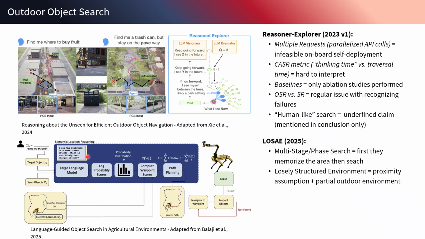And they used a loosely structured environment because they were looking for objects, for instance, placed on tables. And it's loosely structured because you can assume, despite farms being a bit more chaotic, that while some sort of screwdriver can be on a table, next to some other object that's also used for repairing something, right?